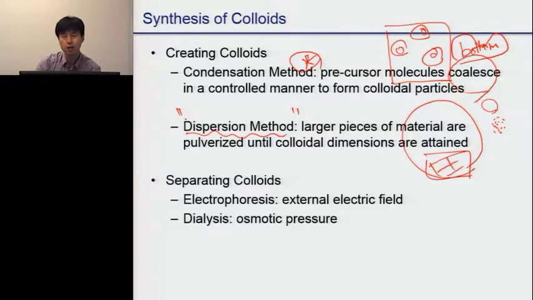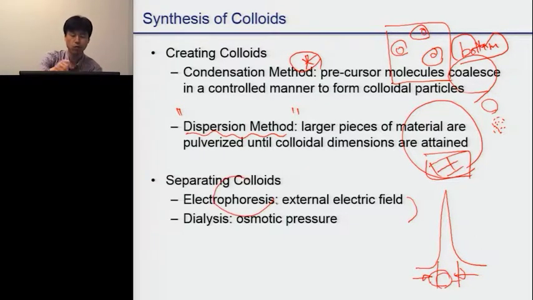Once people make this kind of colloid and filter it, they can make the distribution of the particle size much more precise. We can use electrophoresis or other methods to do it.